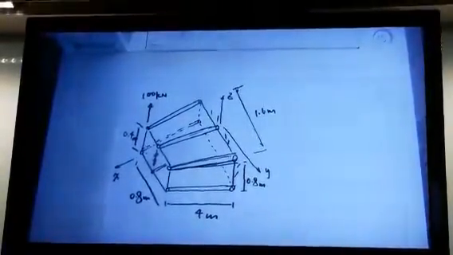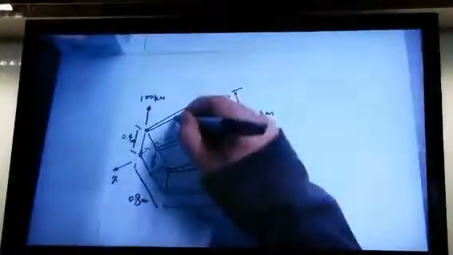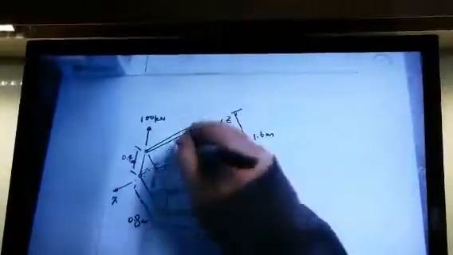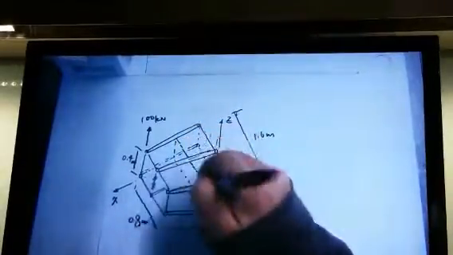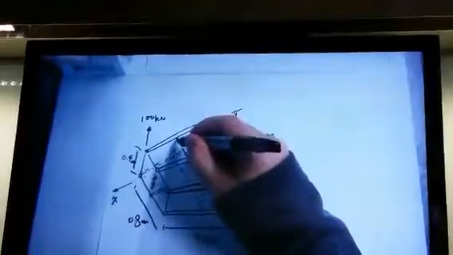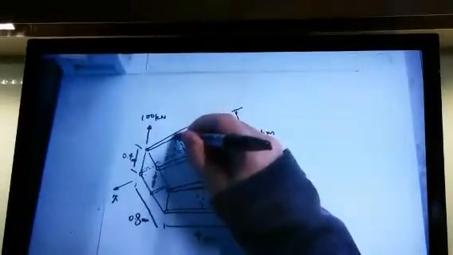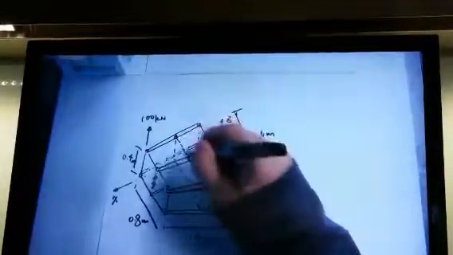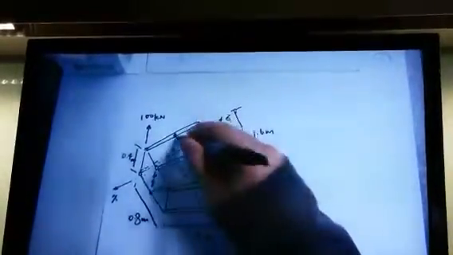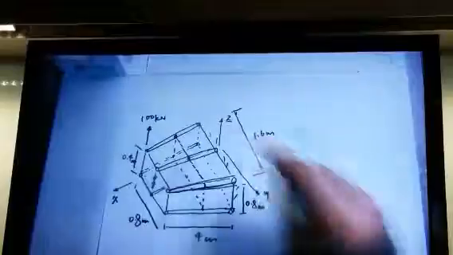Okay? And the question is, I'm going to ask you to calculate, in the middle part of the wing structure, you have a cross-section. I'm going to ask you to calculate the direct stress here, here, here, here, here, and here. And what is the shear flow in this cross-section?